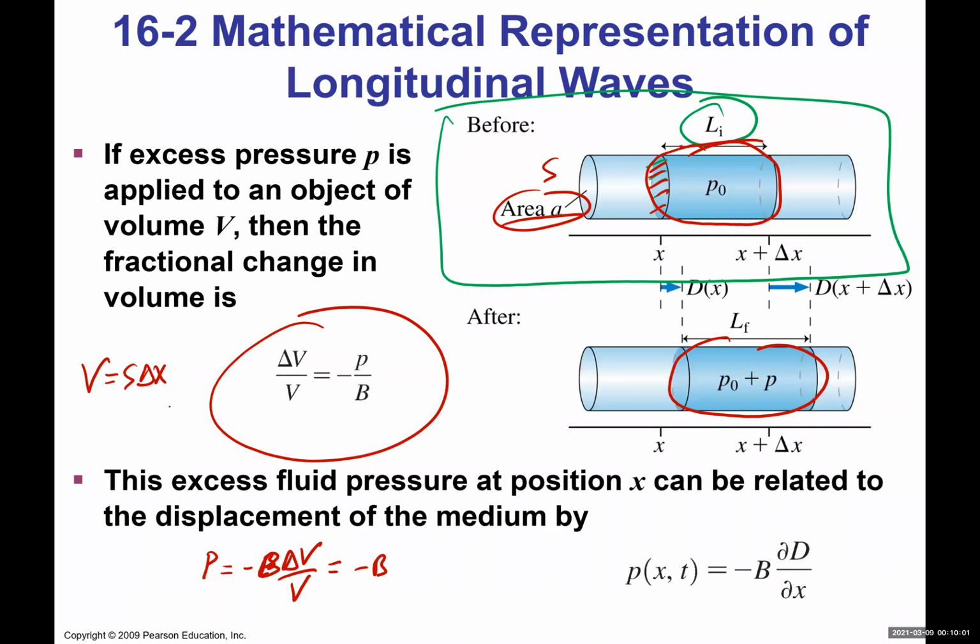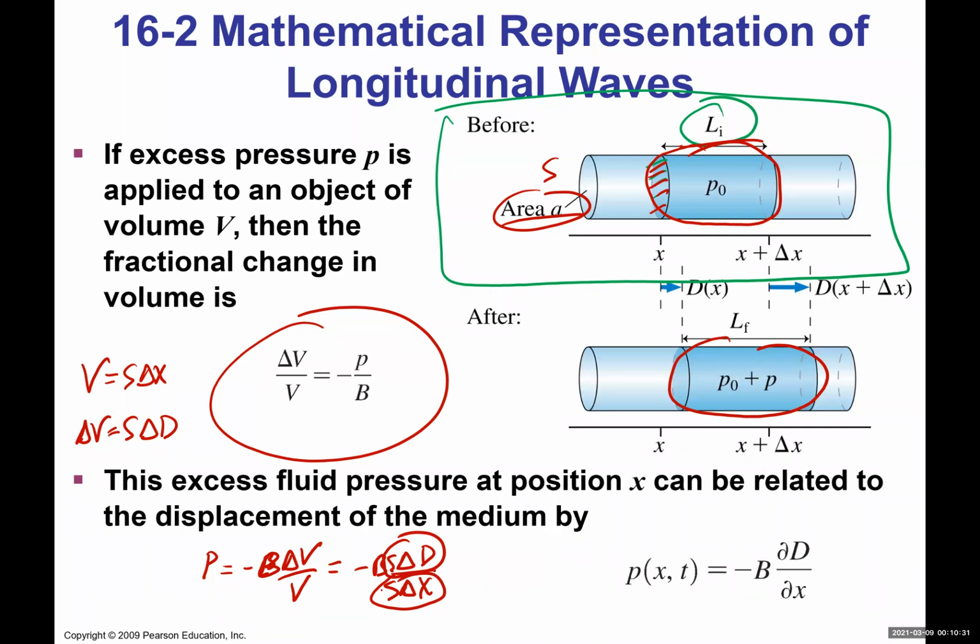And then the change in volume will be S times delta D. So then it becomes delta D over delta X, but both of them in terms of S times delta D and S times delta X. So we have basically something like this. So this is delta V and this is V.